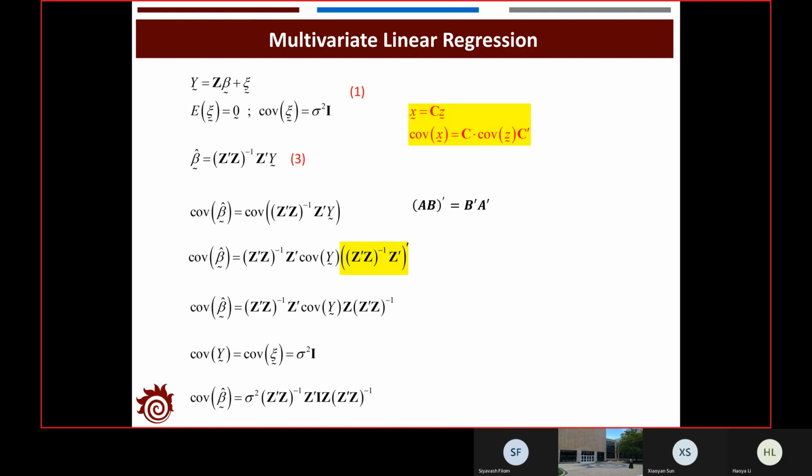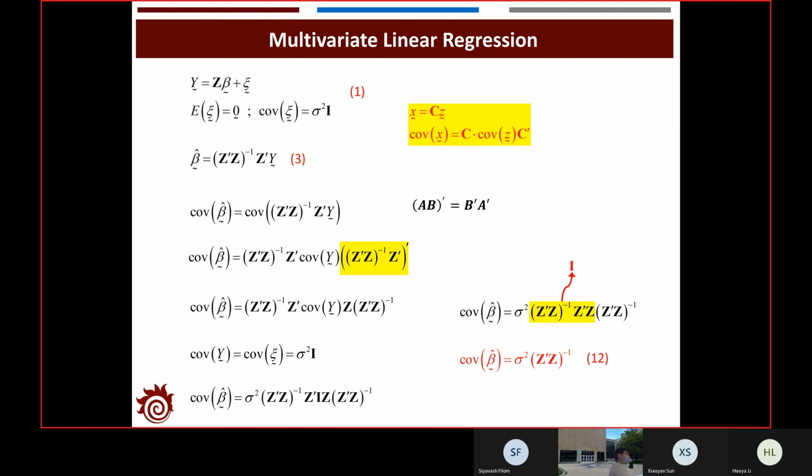And you know that the I in this kind of product, you can actually take out. You won't change the value. So if you check the details of this equation, you can cancel these two terms, and the covariance of the beta hat is sigma squared times Z transpose Z inverse.